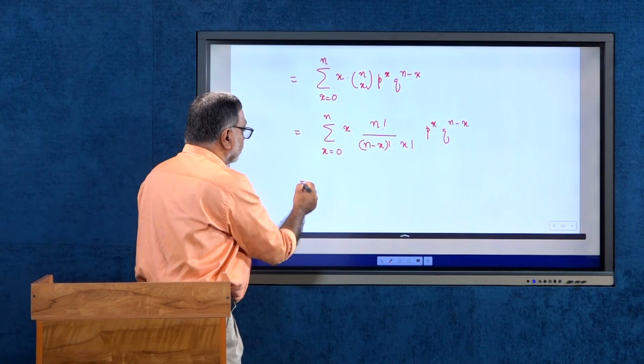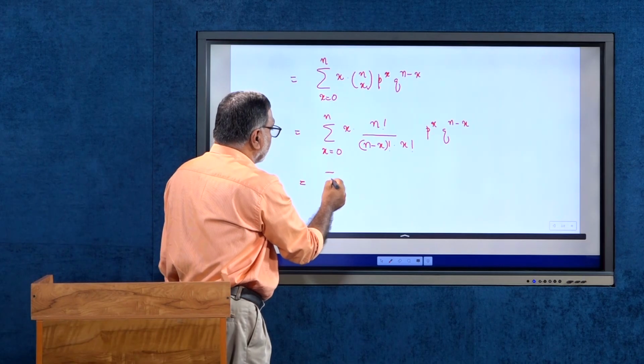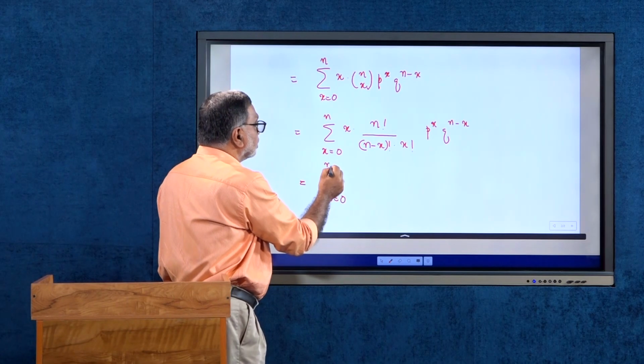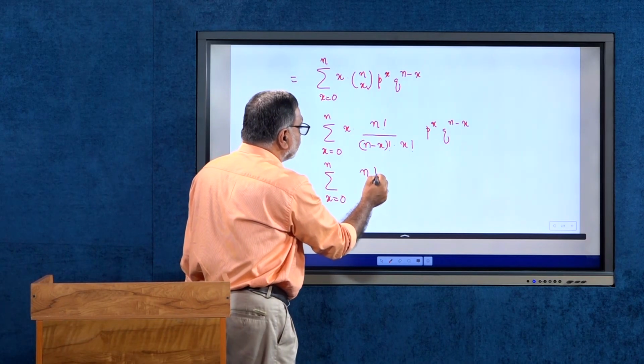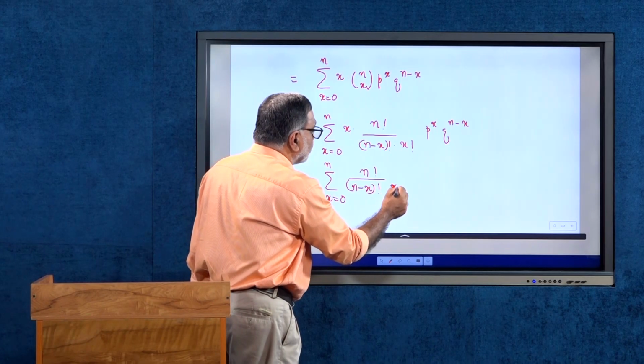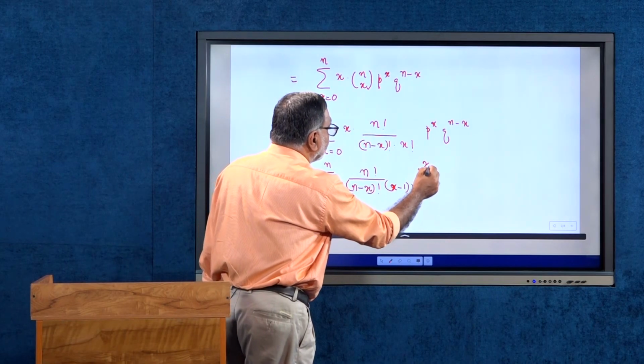So this x and x factorial, the common factors are cancelling. This is the same as n factorial divided by (n-x) factorial into (x-1) factorial, p^x q^(n-x).